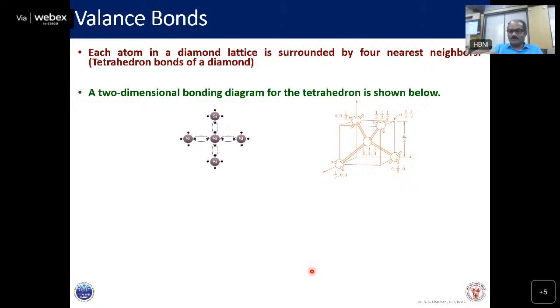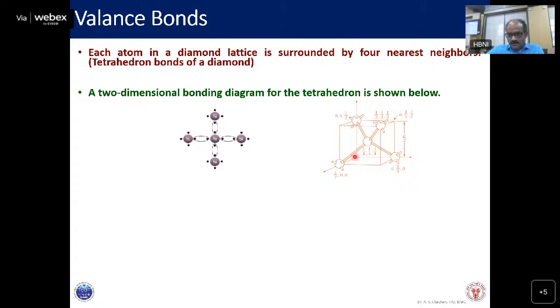So all the 4 electrons of the outermost orbit will be shared by these 4 spheres or atoms.